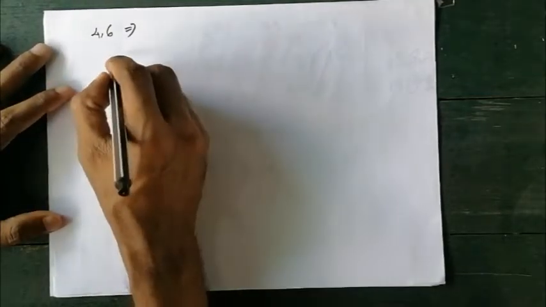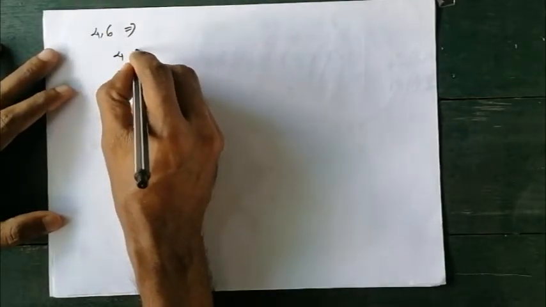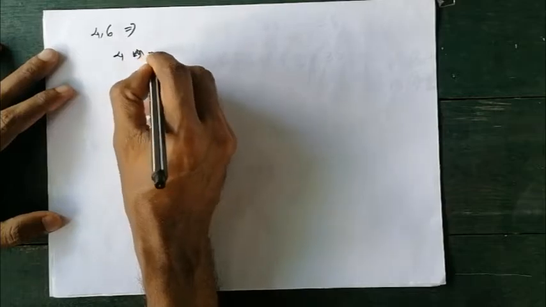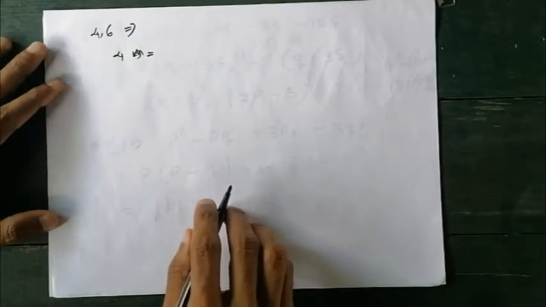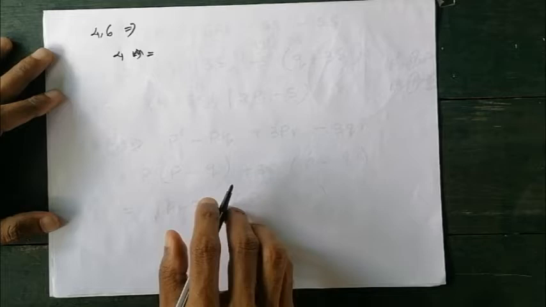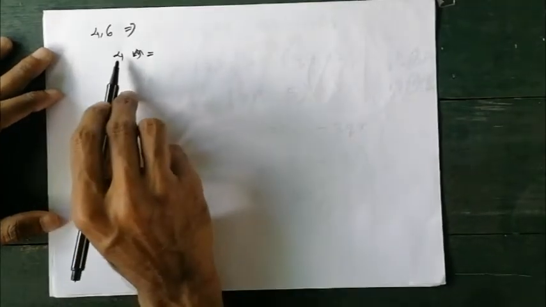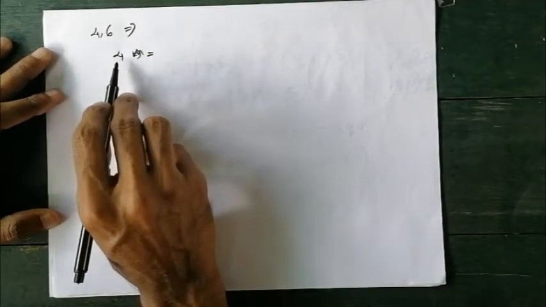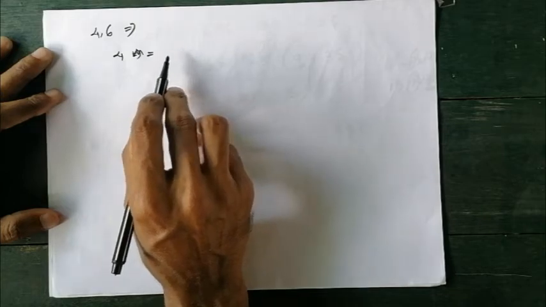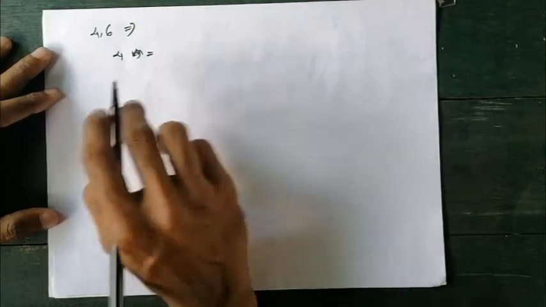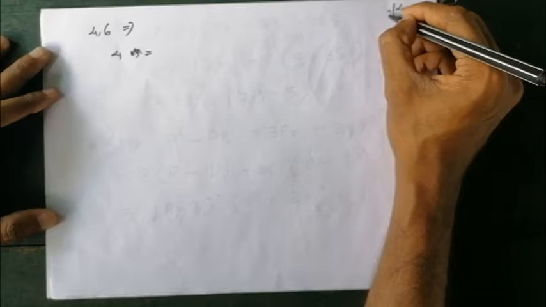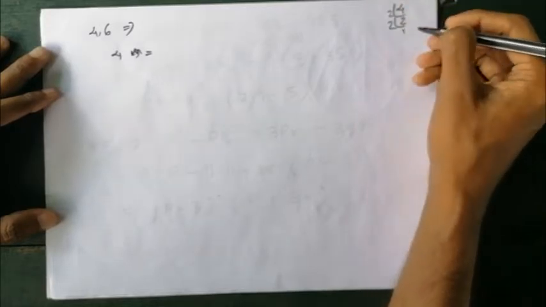Okay, first we take the first value 4. So put an equal mark and write the prime factors. If a numerical value is given, you need to write it with its prime factors. So 4 divided by 2 it's 2, 2 divided by 2 it's 1.